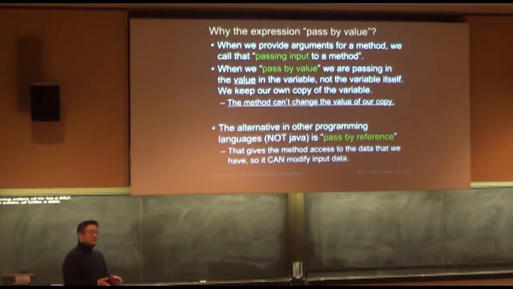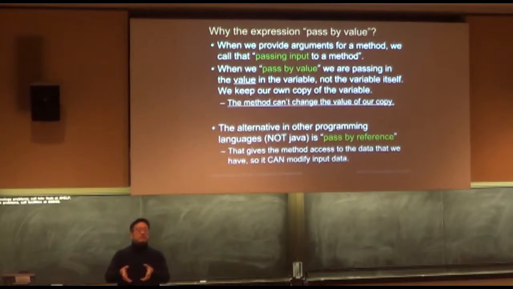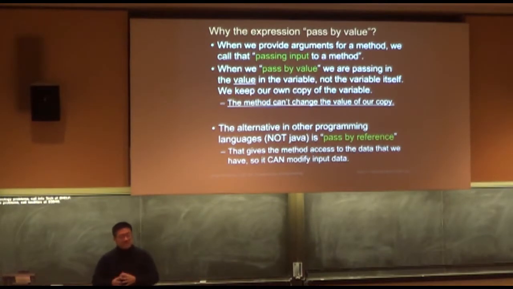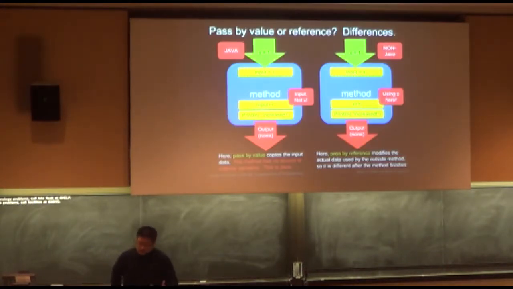When I pass by value, I use this term because I'm taking the value out of the input variables, and I'm putting them into the method. When I pass by reference, I'm taking the entire variable. I'm taking a reference to that variable and passing that whole variable into the method. And therefore, any changes to the reference to that variable result in changes to the scope in which that variable existed. So let's look at the differences.